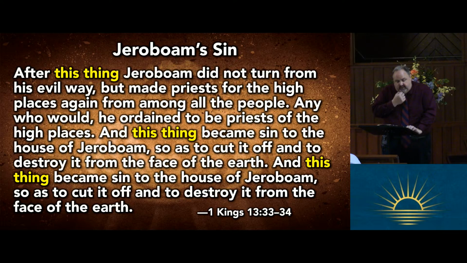After this thing, Jeroboam did not turn from his evil way, but made priests from the high places again from among the people, not from among the Levites. Any who would, he ordained to be priests of the high places. And this thing became sin to the house of Jeroboam, so as to cut it off and to destroy it from the face of the earth.